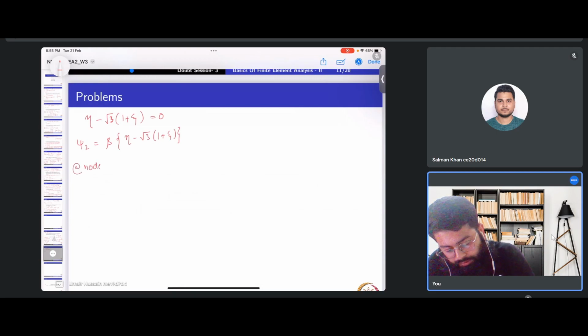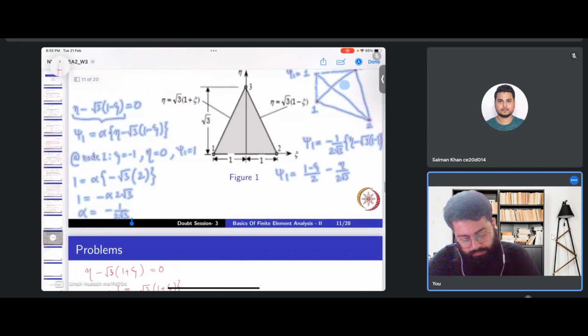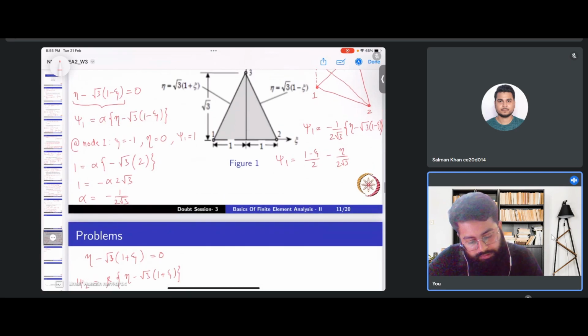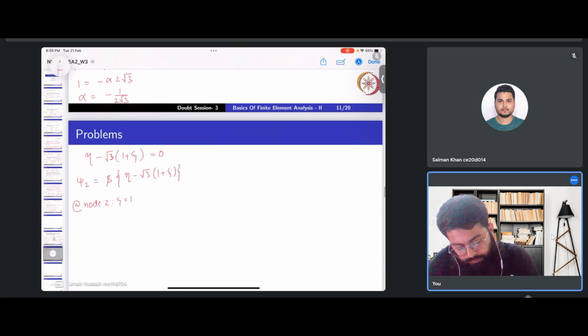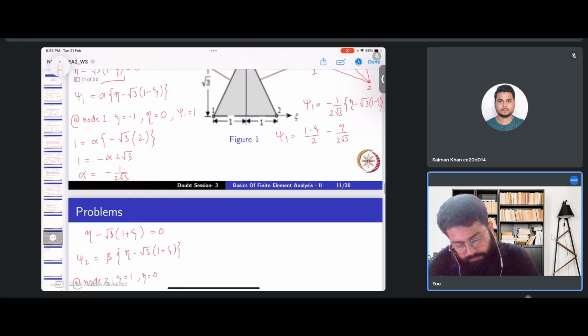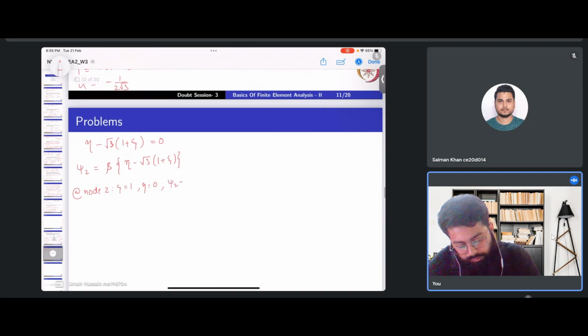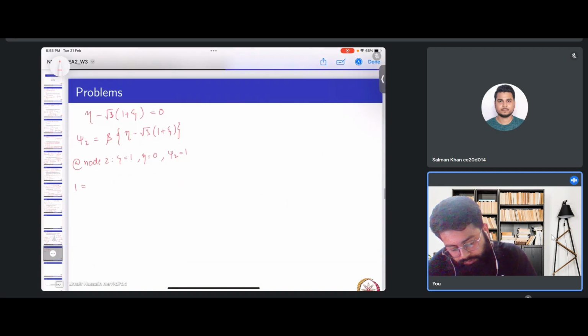At node 2 we have zeta equals 1 and eta equals 0, and psi 2 equals 1. We have 1 equals beta times minus root 3 times 1 plus 1 is 2, minus 2 root 3. Beta becomes minus 1 upon 2 root 3.